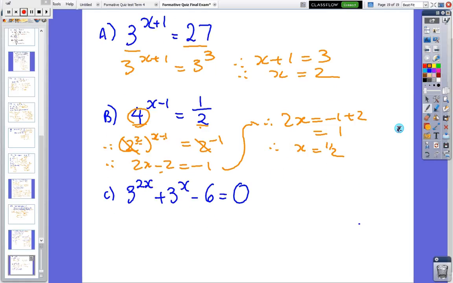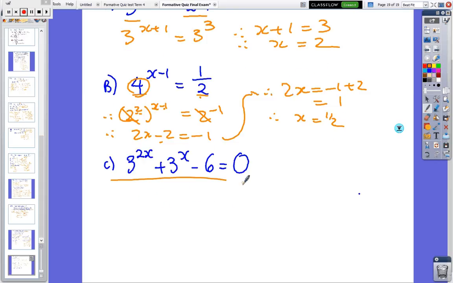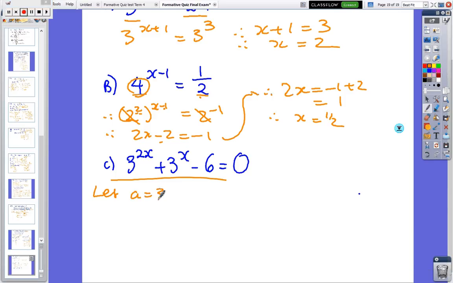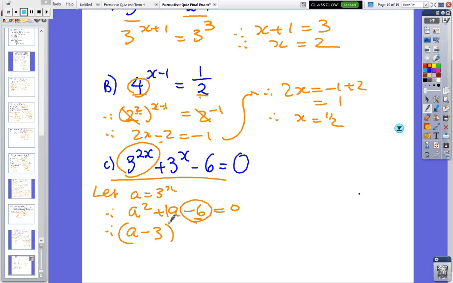And the lucky last, a quadratic. Okay, so back again. Let a equals 3 to the x. So then that is a squared, that is a minus 6, and then a minus 3. So what two numbers multiply to give minus 6 that add to give 1?